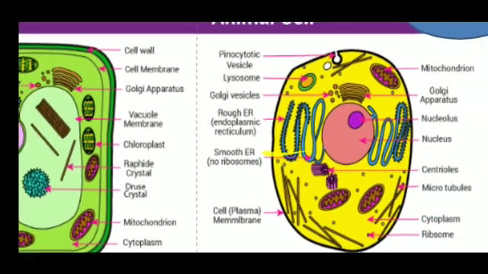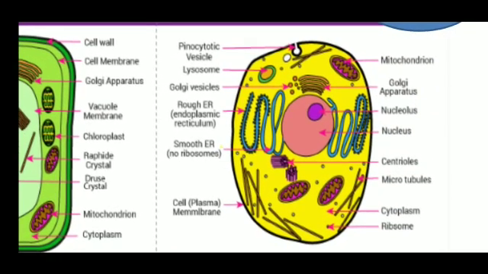Now if we compare with animal cell, children, only one membrane is there, the cell membrane, with mitochondria, Golgi apparatus, nucleus, nucleolus, and centriole, which is responsible for cell division. Chromosomes are present, which are responsible for hereditary characteristics. Cytoplasm, ribosomes, smooth endoplasmic reticulum, rough endoplasmic reticulum, and lysosomes, which are not present in plant cells.